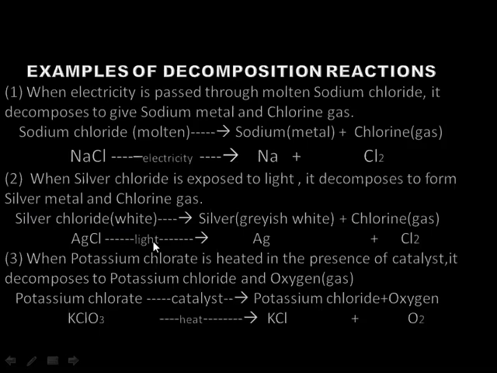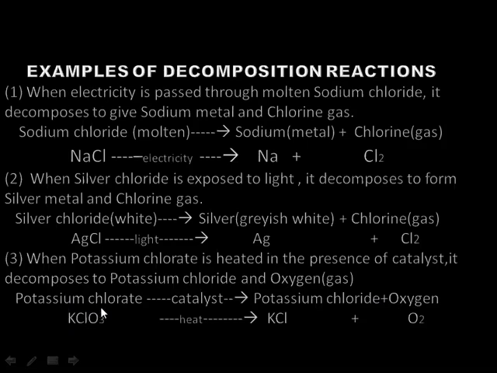The condition of the reaction: white powder turns grayish white as silver, Ag, along with the release of chlorine gas, Cl2. Third example, when potassium chlorate is heated in presence of a catalyst, it decomposes to potassium chloride and oxygen gas. Word equation is potassium chlorate in presence of catalyst as well as on heating gives potassium chloride plus oxygen.